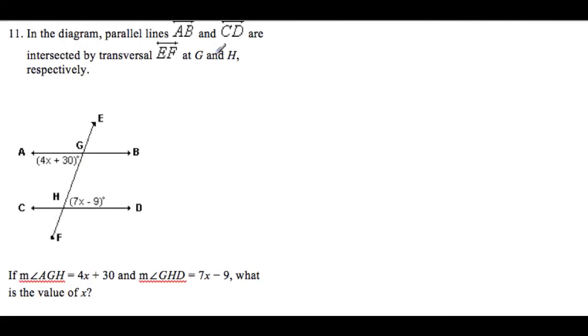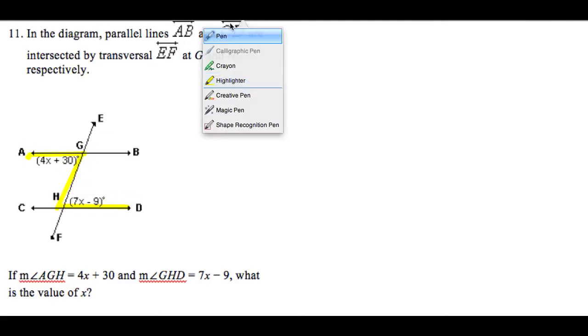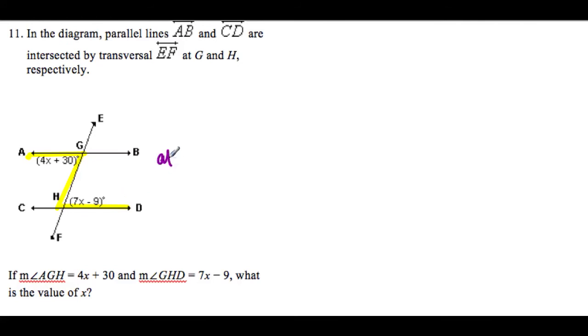Number 11. Here, once again, when you look through this one, you can see that we have a Z shape, and these are interior angles. Basically, what I'm talking about is these two angles are alternate interior angles. That means they're congruent to each other. So we have to set them equal to each other.